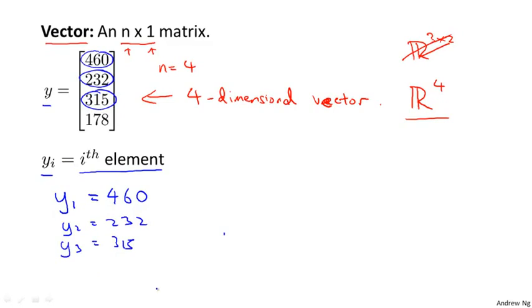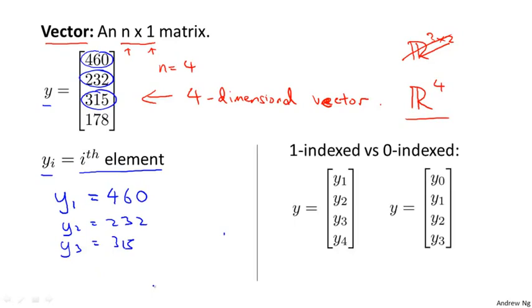Also, there are actually two conventions for how to index into a vector. Sometimes people use 1-indexed and sometimes 0-indexed vectors. The example on the left is a 1-indexed vector, where the elements are written y1, y2, y3, y4.